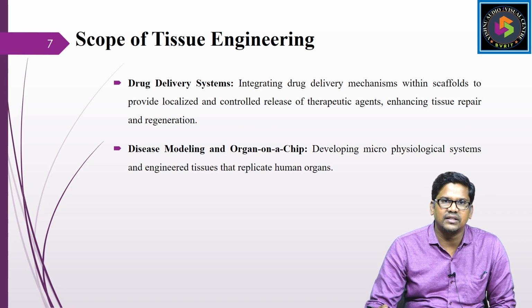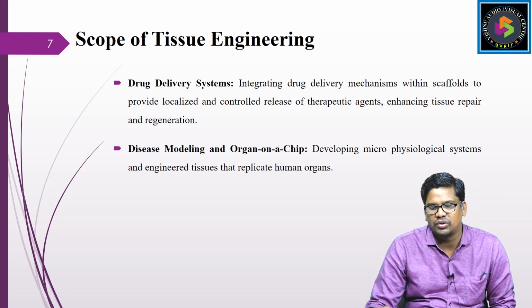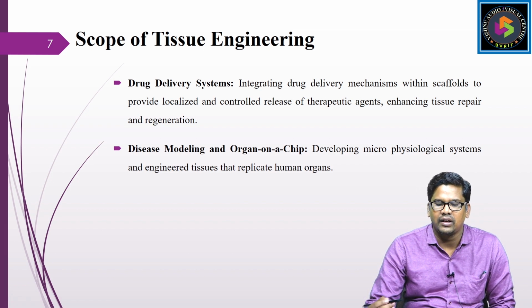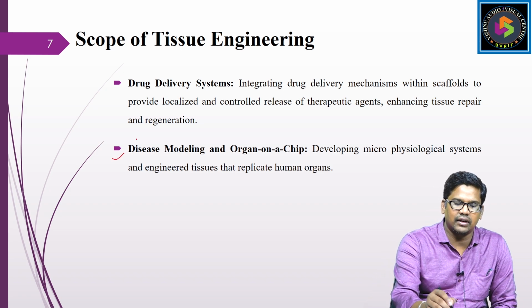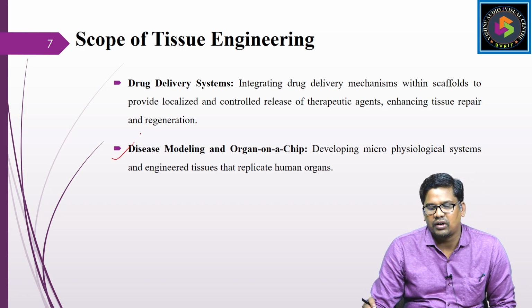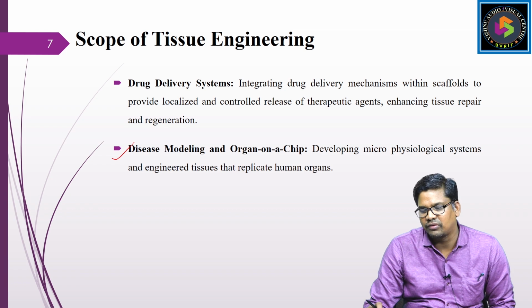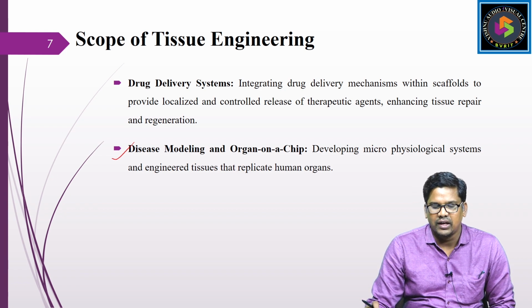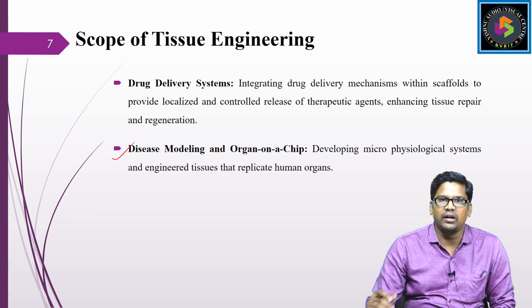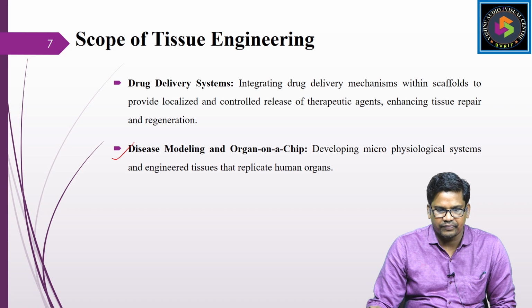This is another scope of tissue engineering. It is the delivery mechanism within the scaffold to localize and control the release of drugs. And next is disease modeling and organ on a chip, developing microphysical systems and engineered tissue that can replicate the human organ.